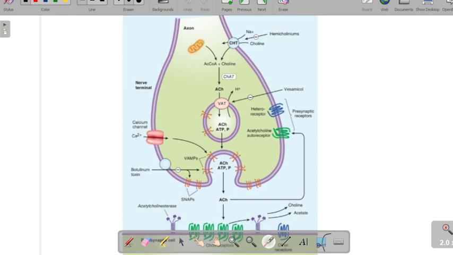These are cholinoreceptors, and excess of acetylcholine is converted into choline plus acetate by the enzyme acetylcholinesterase, right? And this release is blocked by botulinum toxin.